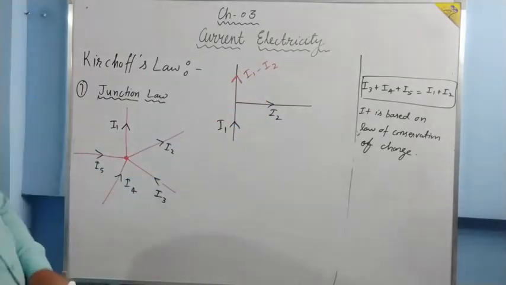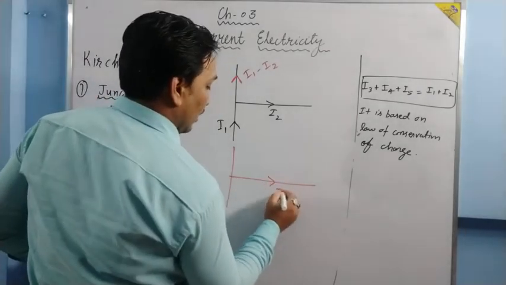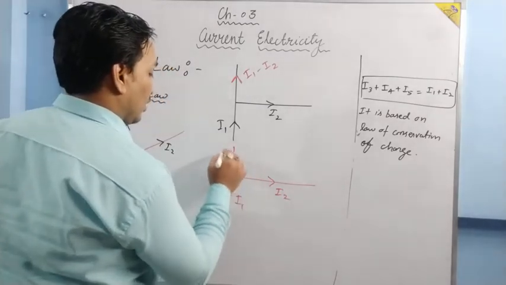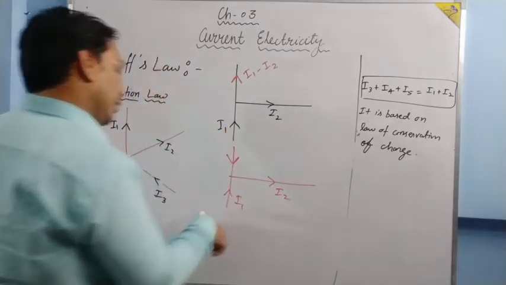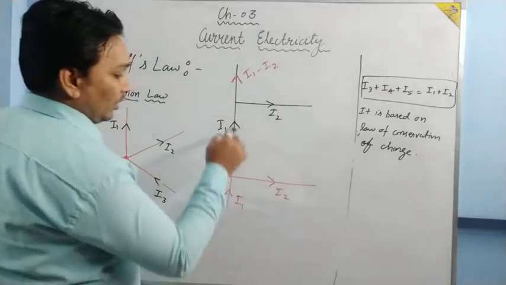The same question can be asked like this. I2 is going this side, I1 is coming this side. What is the amount of current which is coming towards the junction? Okay, just guess what the answer should be. Now this I1 is incoming, I2 is outgoing, this is also incoming.